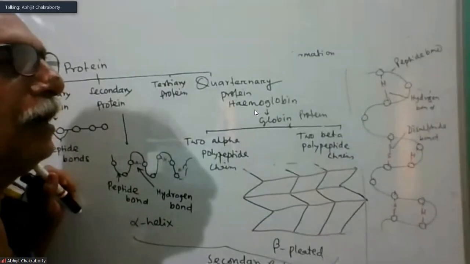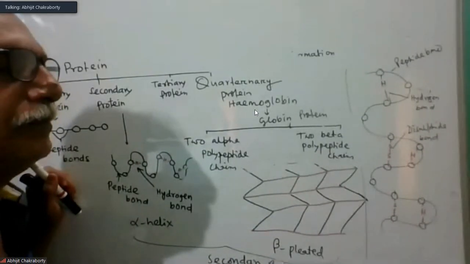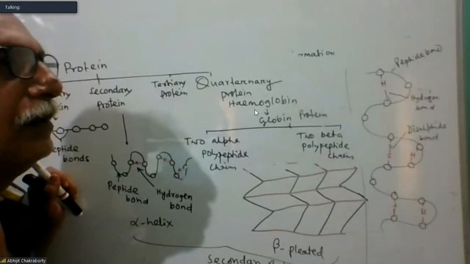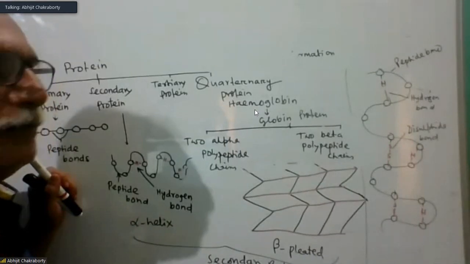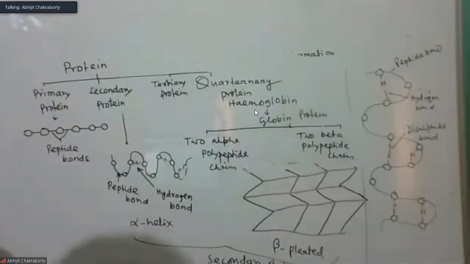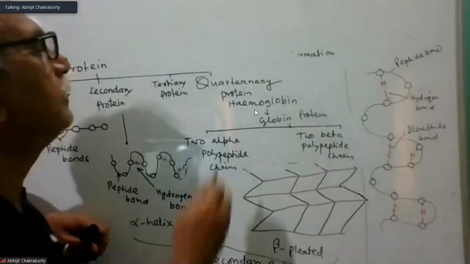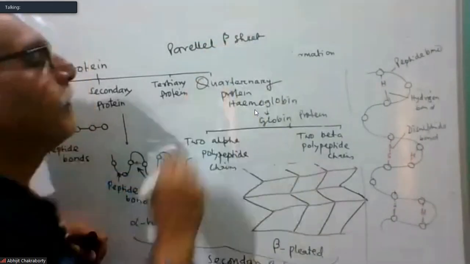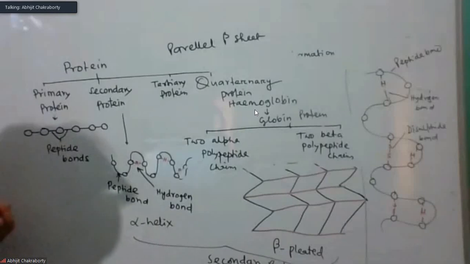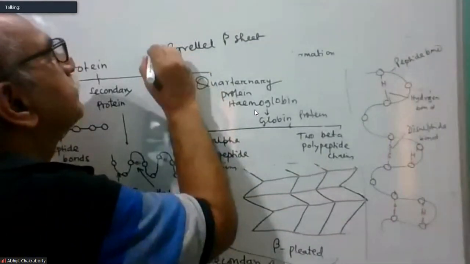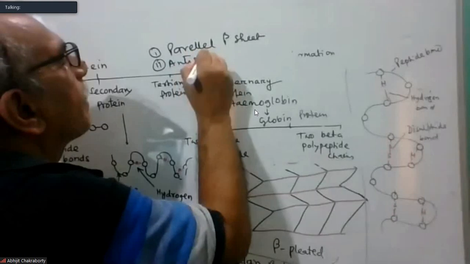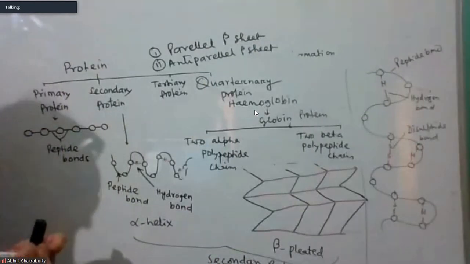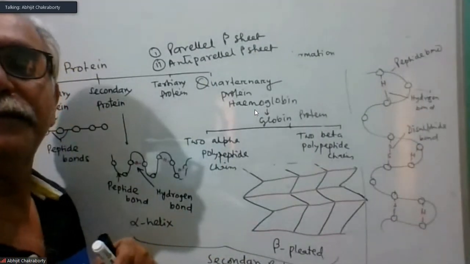The secondary protein, beta pleated protein, is of 2 types. One is the parallel beta sheet, the other is the anti-parallel beta sheet. Parallel beta sheet and anti-parallel beta sheet.